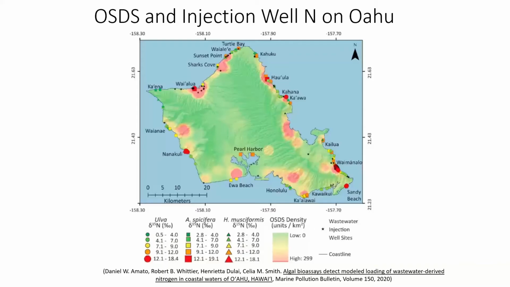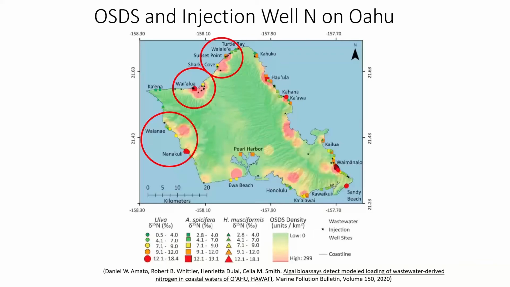And what we found was that everywhere we collected algae in the vicinity of these high density areas of cesspools and injection wells, the delta 15N value of those seaweeds reflected those sources. So we had high values where we expected to find wastewater. You can see this on the west side in Nanakuli and Waianae. You can see this in Waialua, where there's a municipal injection well and a lot of OSDS.